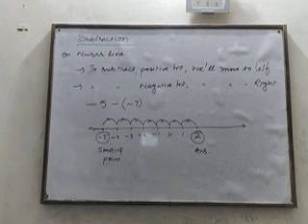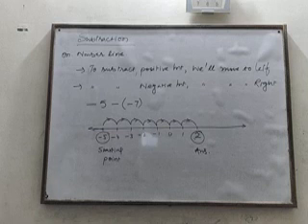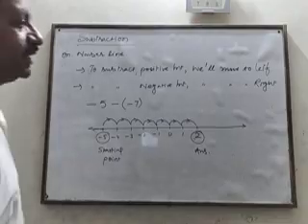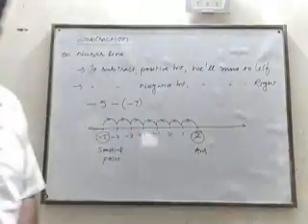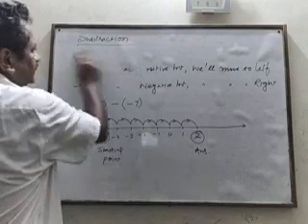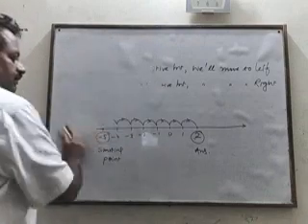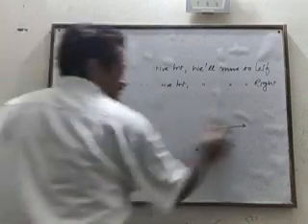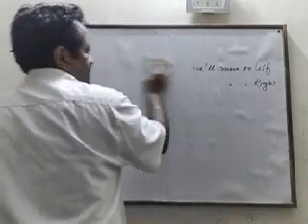So again, to subtract a positive integer, move to the left. To subtract a negative integer, move to the right. So next is multiplication or division.